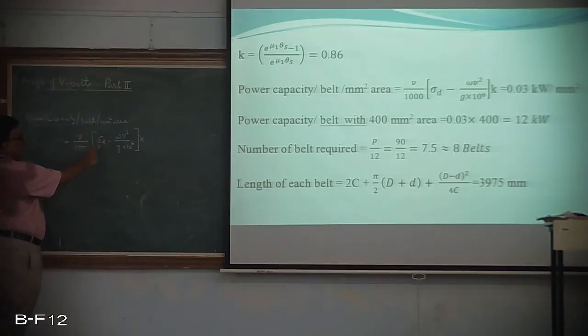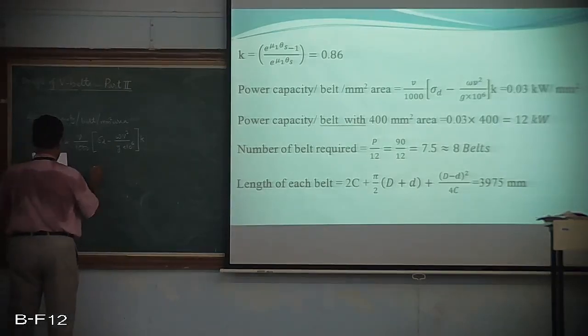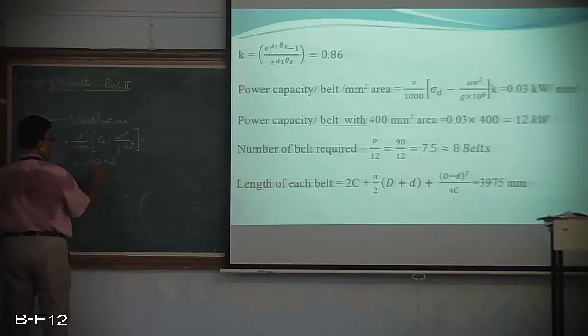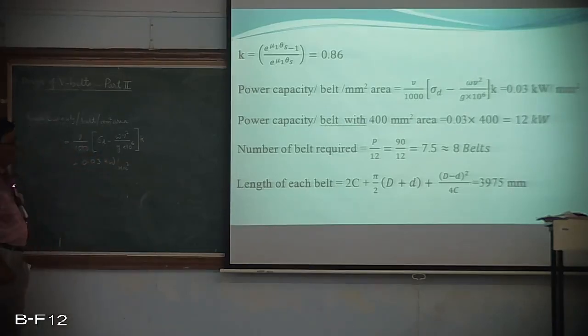This sigma D is nothing but the permissible stress which has been given in the problem. I think it is given as 2.1 megapascal. You have to take 2.1 megapascal, as already given to you. With this, if you calculate, the answer comes out to be 0.03 kilowatt. Because of this 1000, I can directly find this out. That is the power transmitting capacity of the belt per unit area, for every millimeter square area.